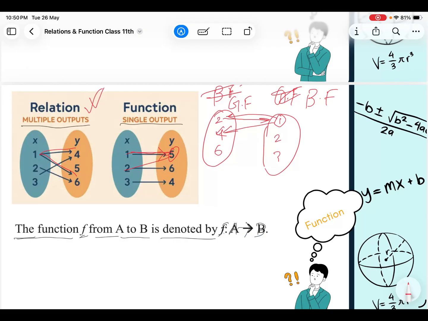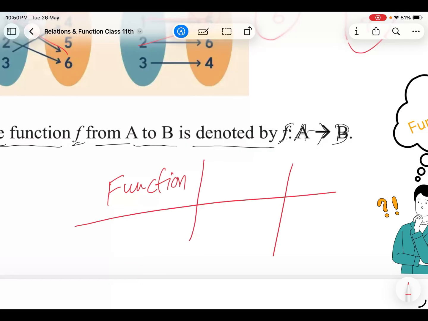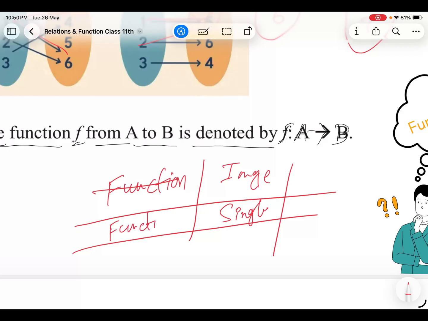So in a function we can say that the image can be single, and the pre-image can be multiple.